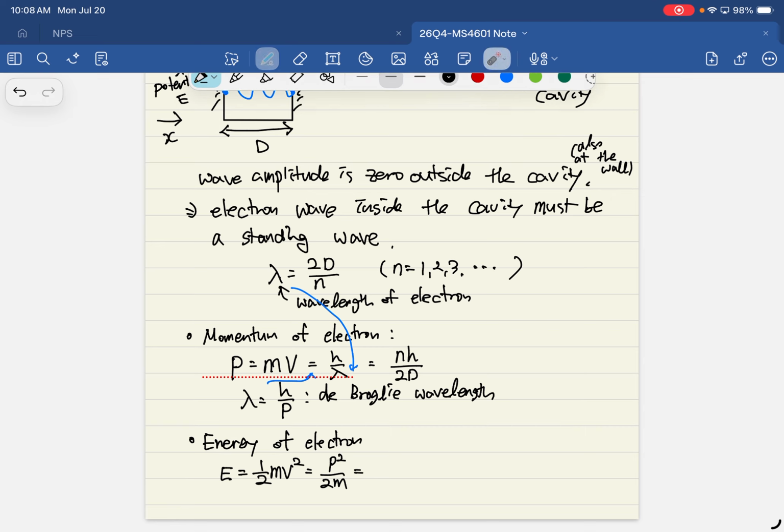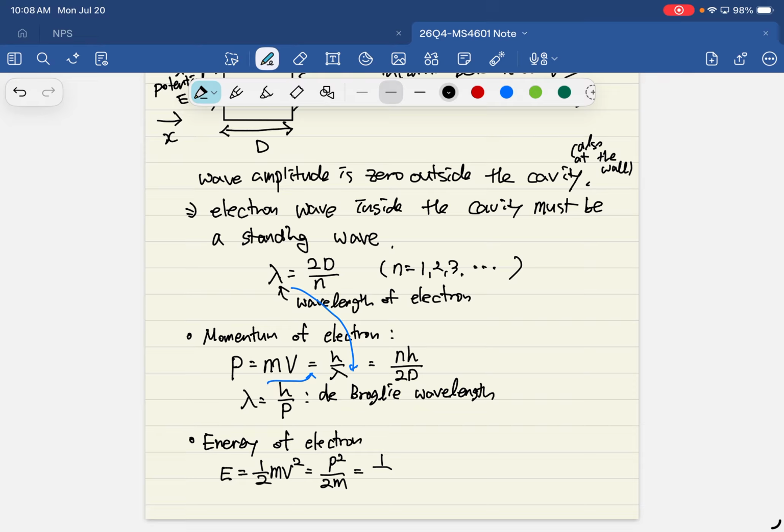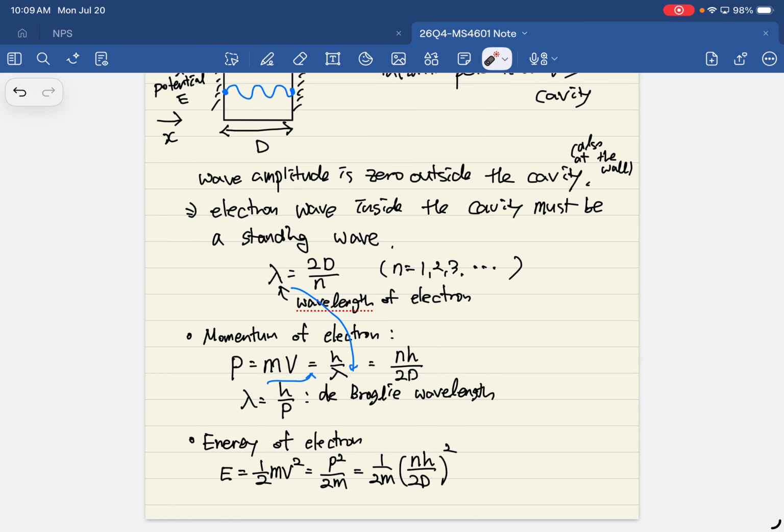Now we have a p expression here, nh over 2d. If we substitute, it's going to be 1 over 2m times h over 2d, squared. So now, for the case of a 1D cavity, we have the momentum and energy expressions.